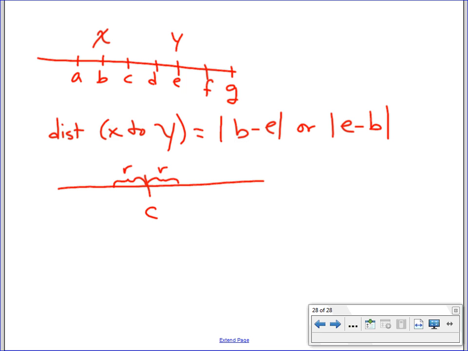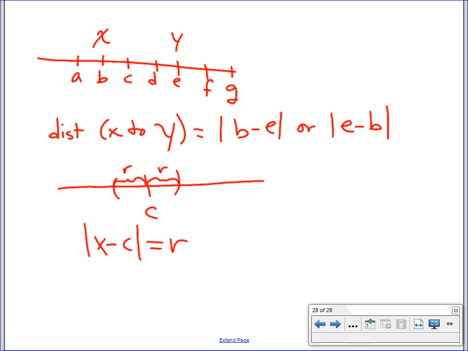Now, if X is to be any value in this region, then the absolute value equation, absolute value X minus C equals R, will give you the two values that are R units from C, or X will end up being the two values that are R units from C.